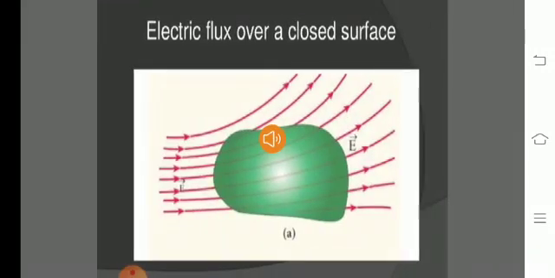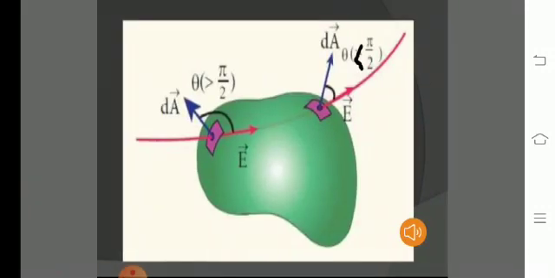So here this is a diagram for a non-uniform electric field, in which we placed a closed surface. Initially, where the electric field enters the surface, you can notice that the electric field makes an angle with the normal of the plane, that is the angle between E vector and dA vector is greater than π by 2.